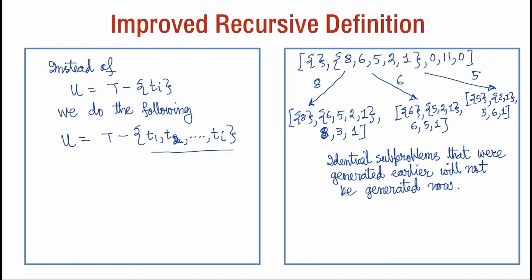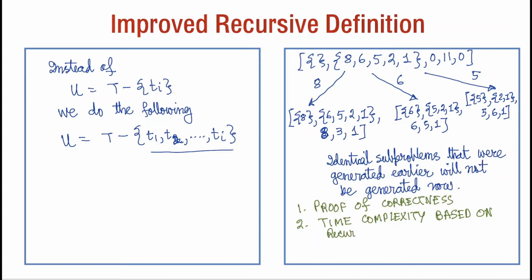So now again 2 more things are to be done. What are they? 1, proof of correctness. Second is time complexity based on the recurrence relation.